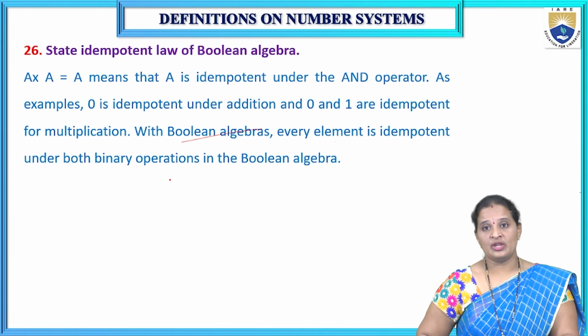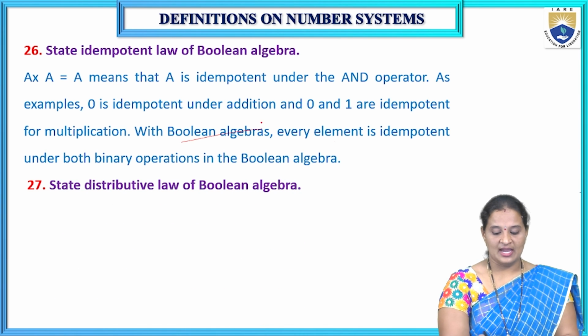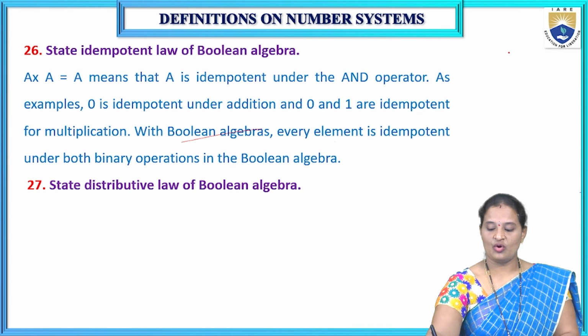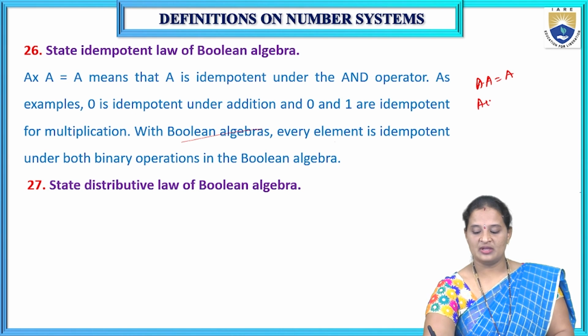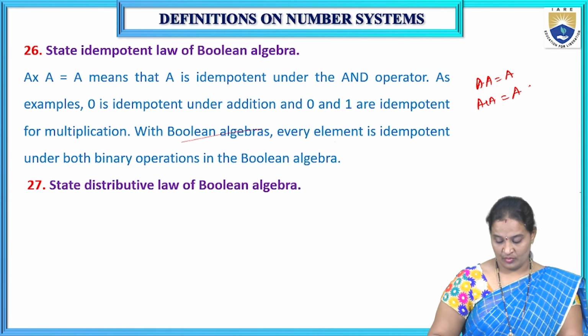Or else we can also say that A dot A is equal to A, and similarly A plus A is also equal to A. So this is the idempotent law.